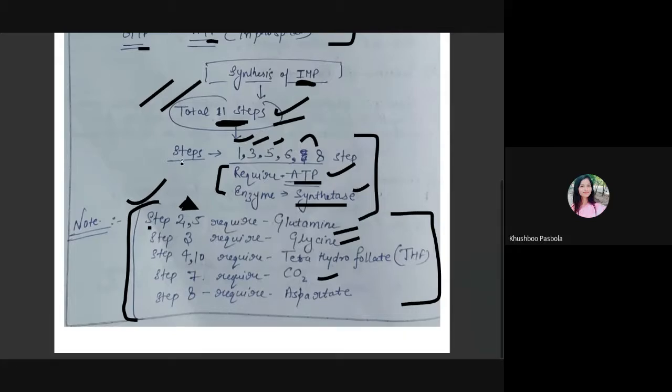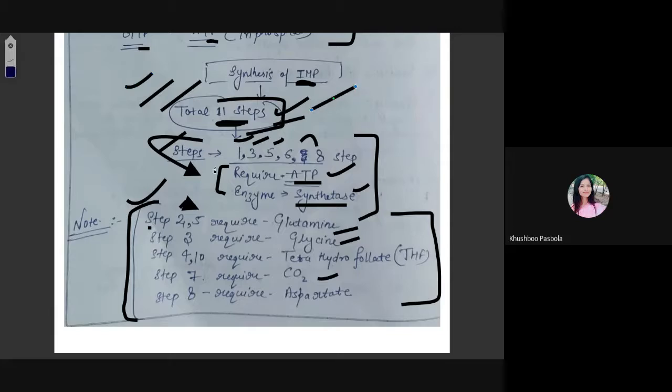One by one I am giving some tricks to remember these 11 steps. The first question the examiner can put will be how many total steps are involved in IMP synthesis. So total steps are 11.